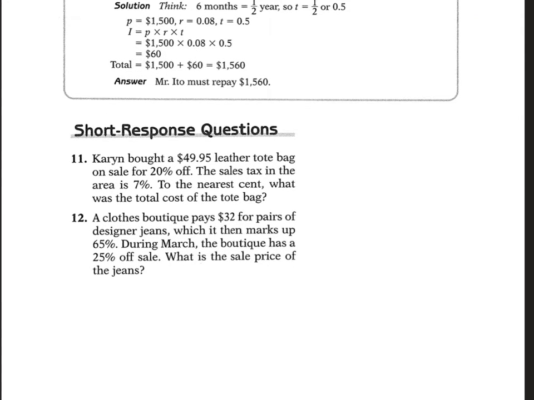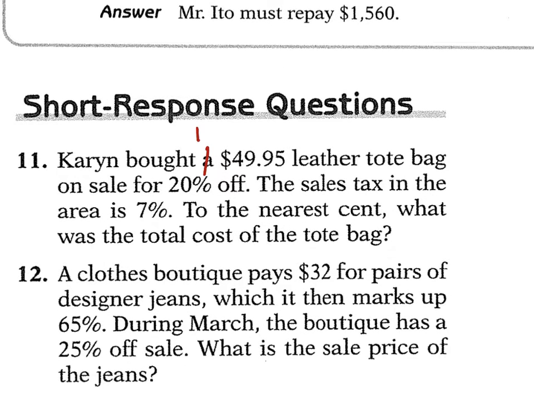For 11, it tells us that Karen bought a $49.95 leather tote bag on sale for $20 off. The sales tax in the area is 7%. To the nearest cent, what was the total cost of the tote bag? So we can take the 20% off and multiply by the $49.95 by 0.80, because 100% minus 20% is 80%.